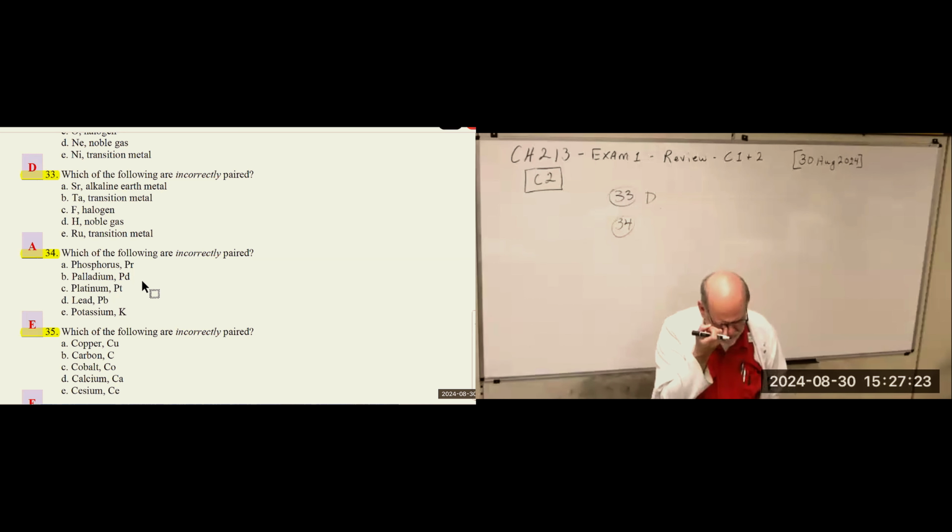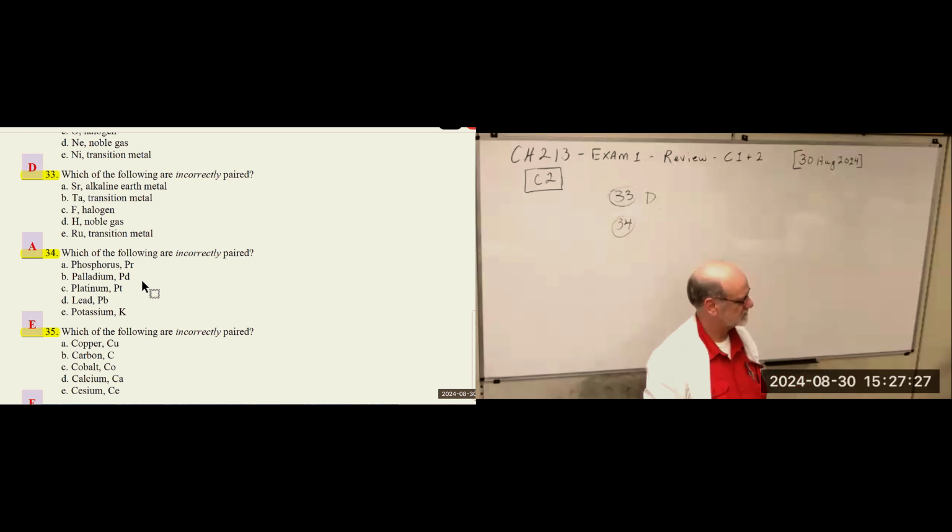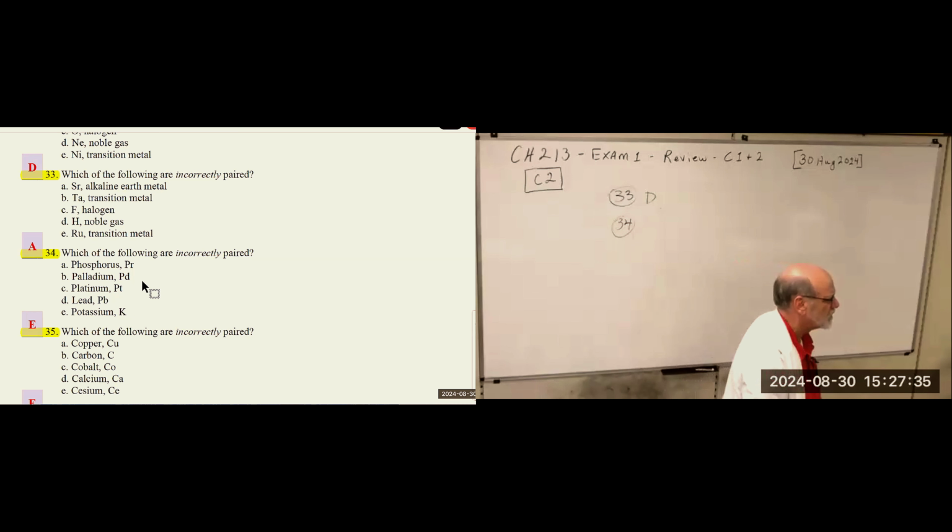34. Which of the following is incorrectly paired? All right. Is phosphorus Pr? No. Where is Pr? Oh, there it is, 59. I always get that one mixed up with Pa.